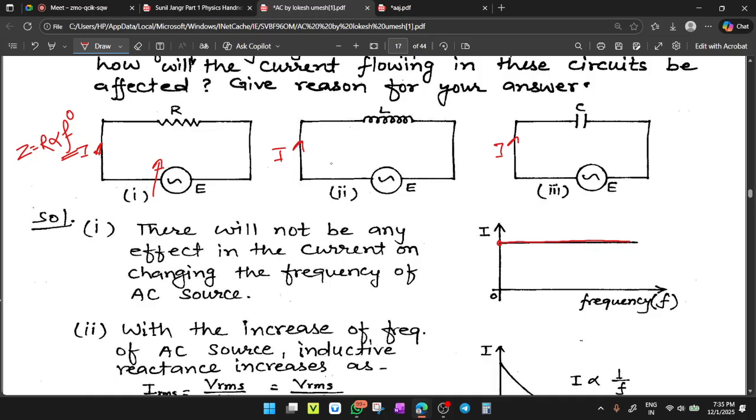Second, in the pure inductive circuit, your reactance becomes XL. The resistance here appears as reactance, and the formula for reactance, see students, is XL equals omega L, and omega equals 2 pi f.